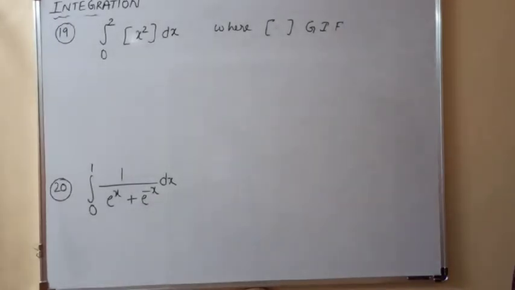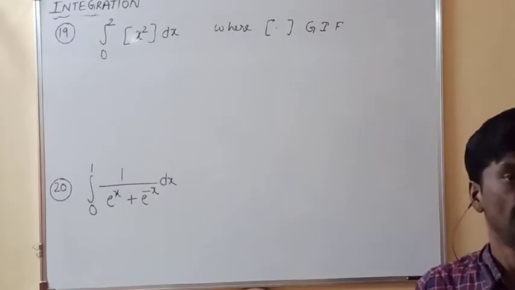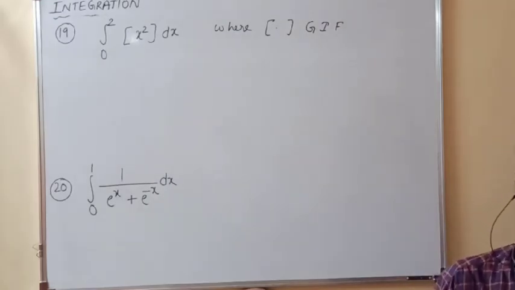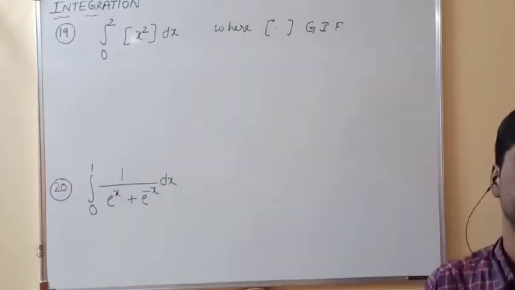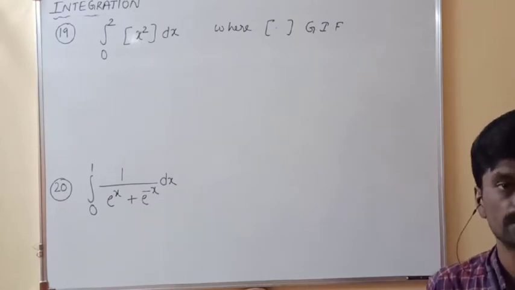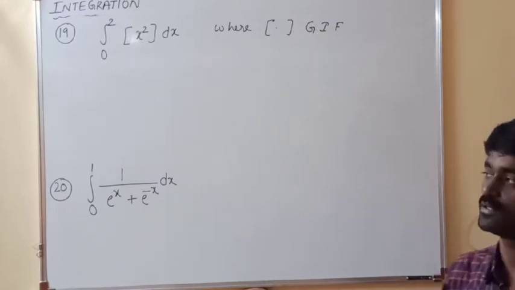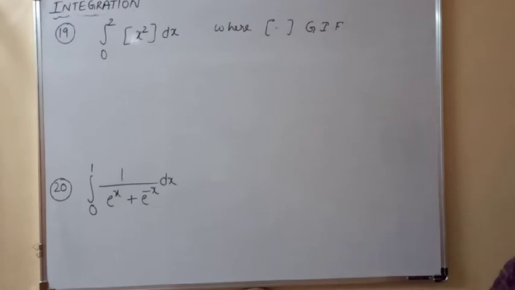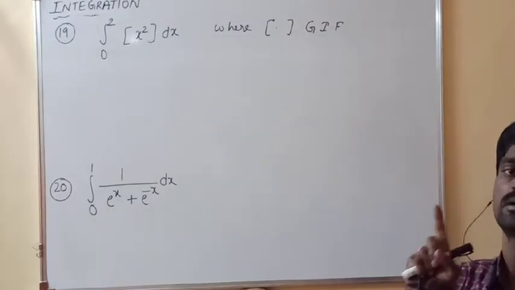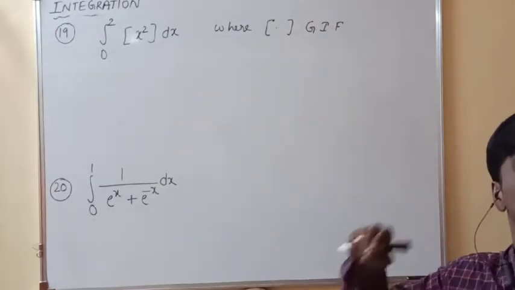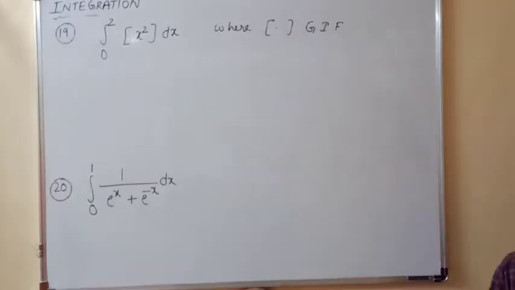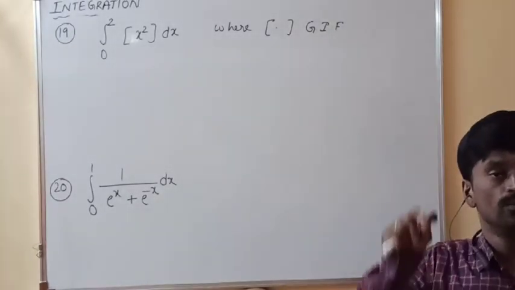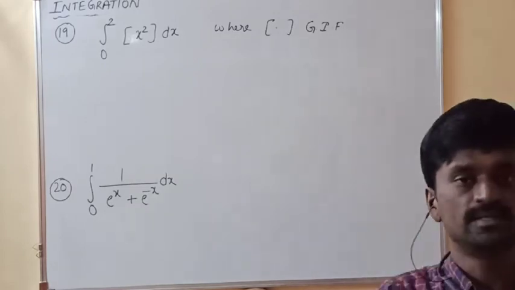So that means between 0 to 2, we have to find at which points step of x square is discontinuous. If it is step x, it is discontinuous at 1 only, because the interval is 0 to 2 and the one and only integer between 0 and 2 is 1. But here step of x square is there. So between 0 to 2, we have to find the points where x square is an integer.